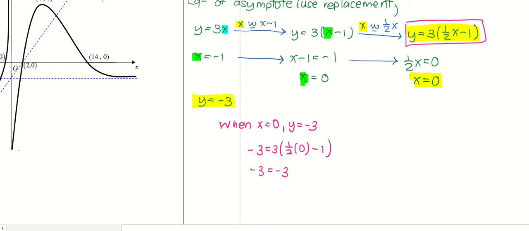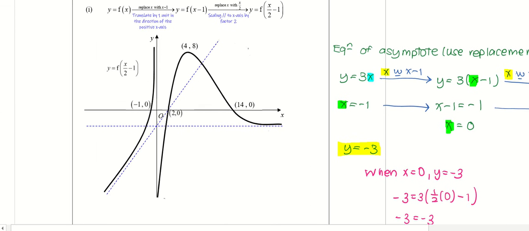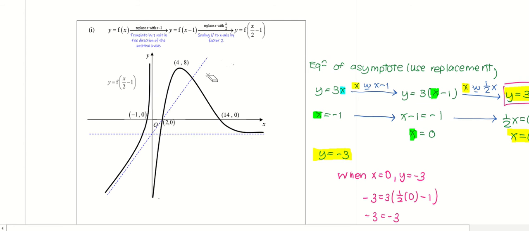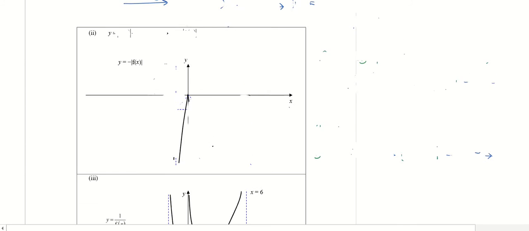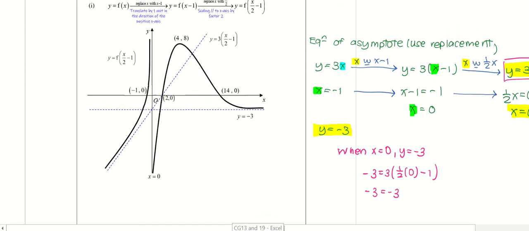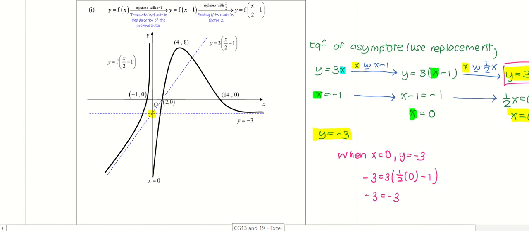So if we fulfill the equation, all these three should still intersect at the same common point, which is 0, minus 3. So check your graph together with your equations of the asymptotes, and check whether your asymptotes intersect at 0, minus 3. Of course, label all your coordinates as well.